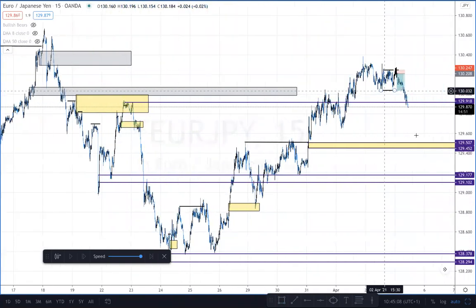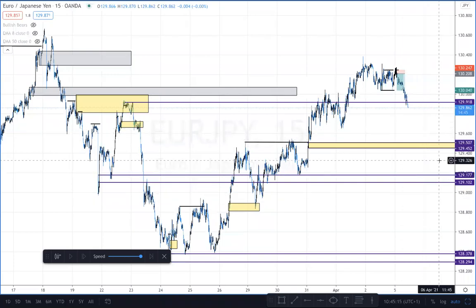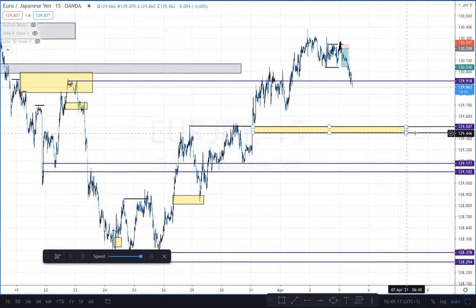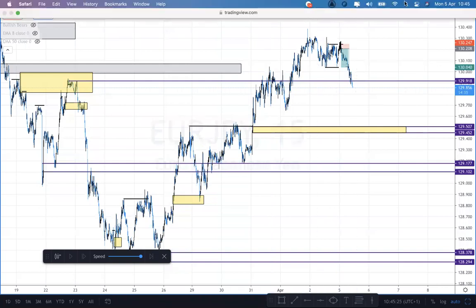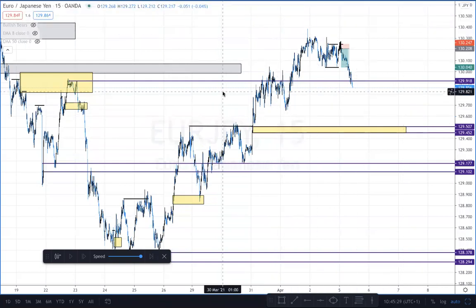So what sort of reaction do I get from this area? If I get price breaking this area, then I'll start looking for the retracement and retest of that area on the backside and continue selling. Am I making some sense? Am I helping somebody to understand this?